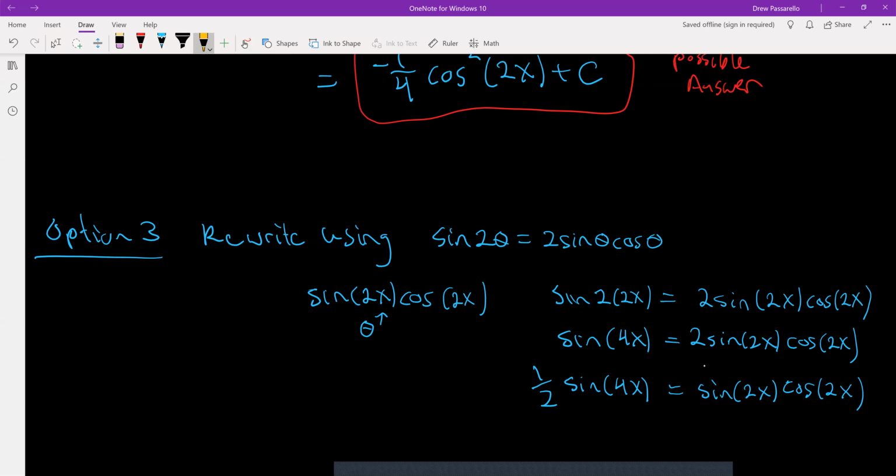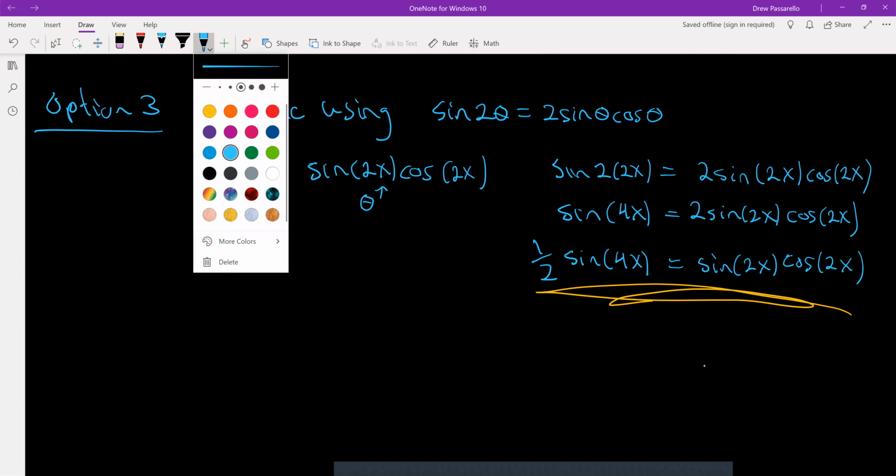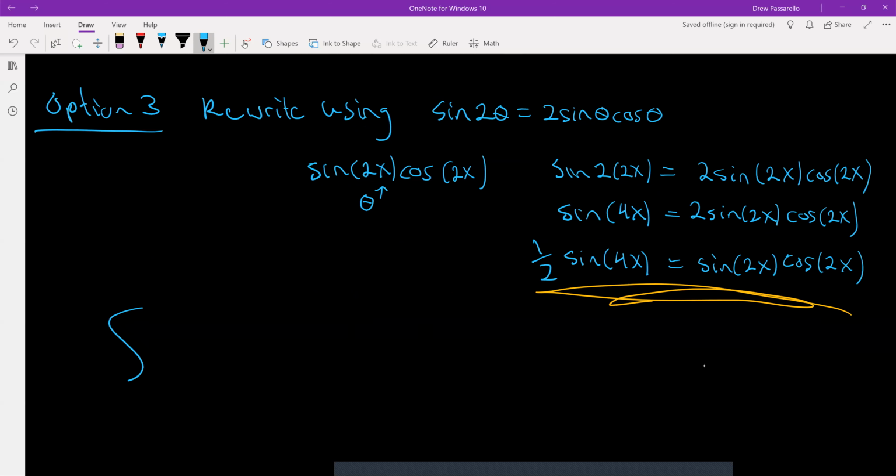All right, that's what I said we could use for the third option. So the original problem was the integral of sine of 2x cosine of 2x dx.